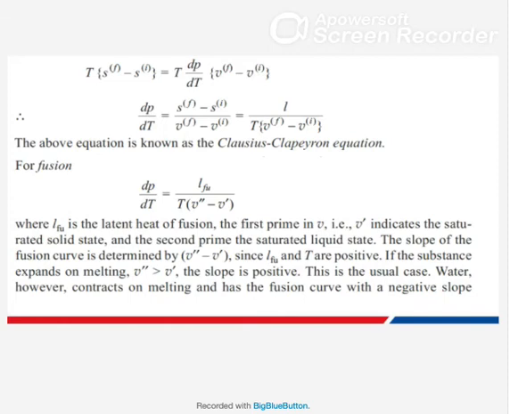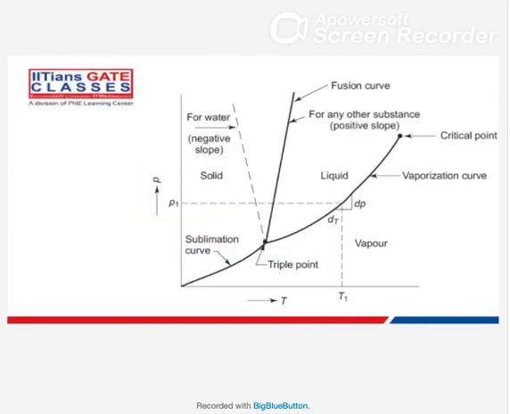Clear? So this Clausius-Clapeyron equation you can remember. Now you see, this is our fusion curve for other substances, and it has a positive slope.